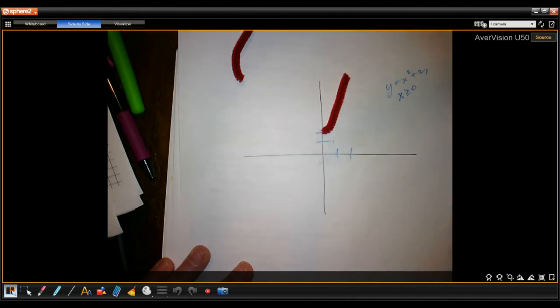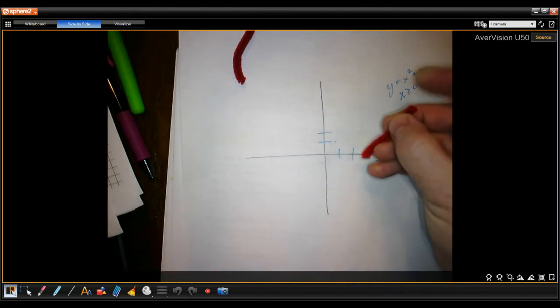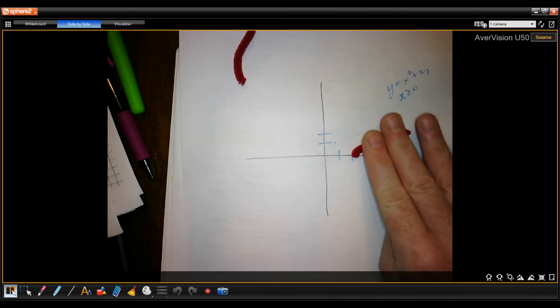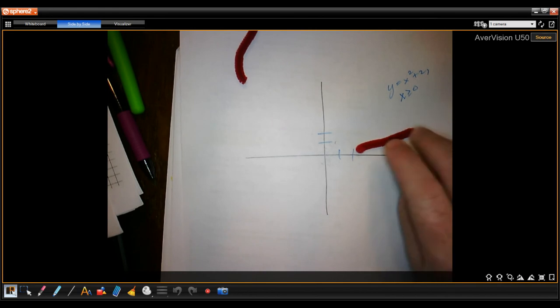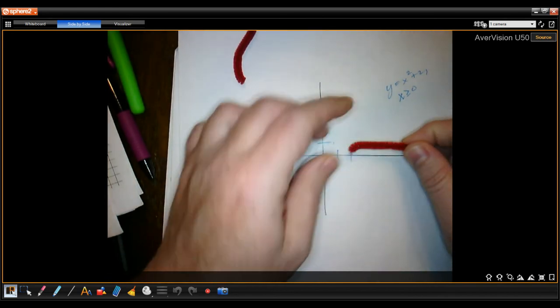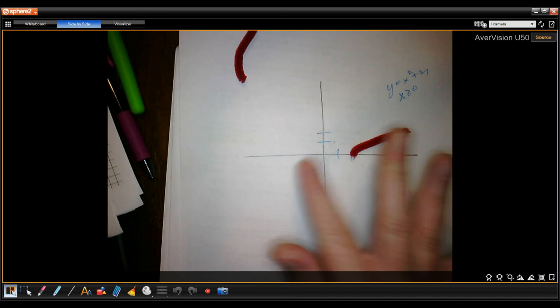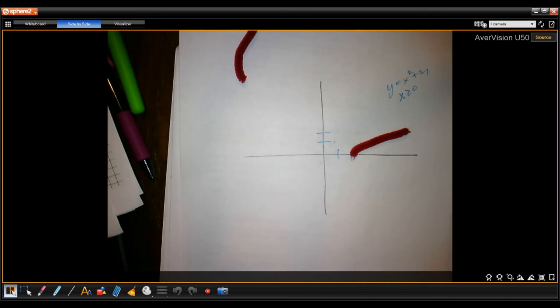So if I restrict that, that's the right side, then when I go to do the inverse, it'll look like this. Does that make sense? Sort of, kind of. Okay. So therefore you have to restrict it, right? So you want to restrict it like that. So that's why you do that. So when I do the inverse, it is a function.